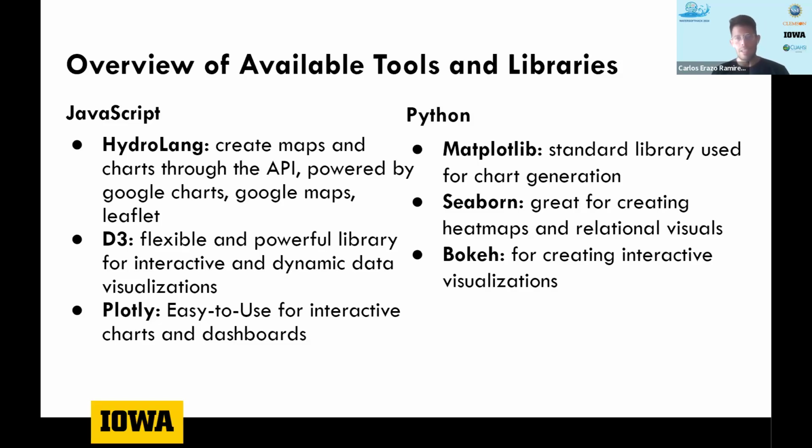We also have the map engine, and the map engine has two different options: Google Maps and Leaflet. For Google Maps, you need to register. Up to a point, it's free. And then you get an API key. You use that API key to access Google Maps.